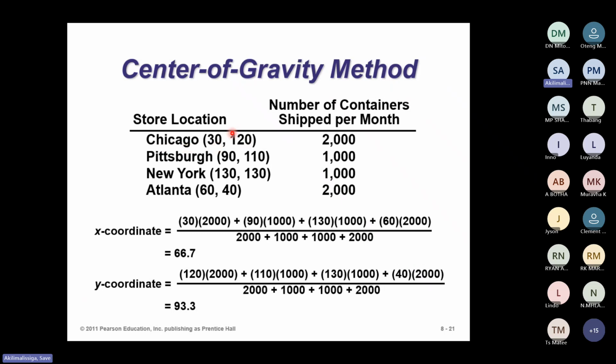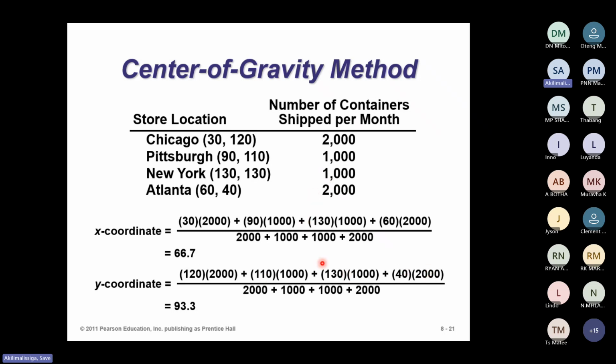So here you have Chicago 120. You also have to multiply that by the 2,000 containers shipped. So 120 multiplied by 2,000. Here you have Pittsburgh, 110 multiplied by 1,000. New York, 130 multiplied by 1,000. And Atlanta, 40 multiplied by 2,000. And that is exactly what you have here.